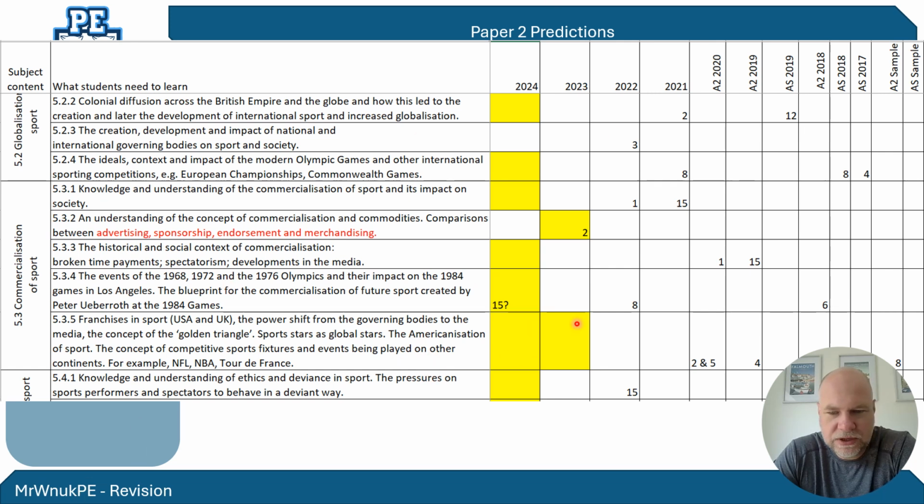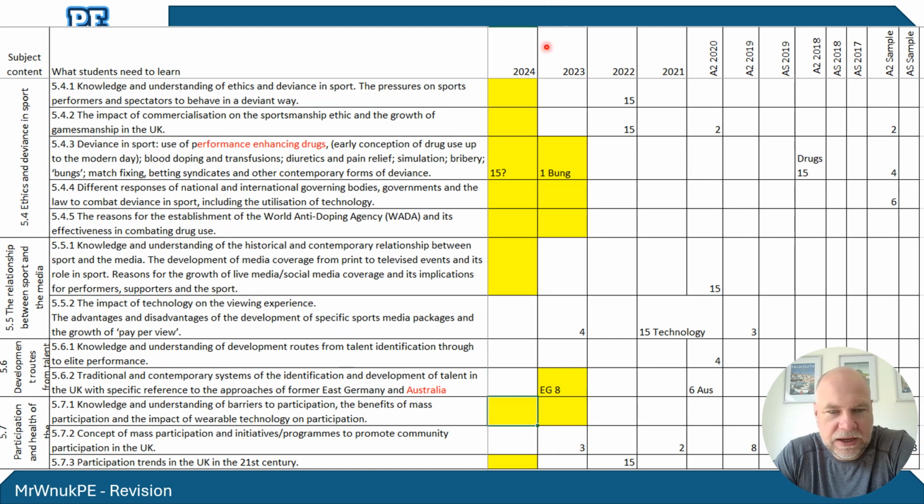And if I get a chance, I'll whack a video up on that. Ethics and deviance is always an area that might come up as well. I'd imagine it'd either be commercialism or ethics and deviance. If I was revising ethics and deviance, I would be looking at whether it is a historical thing, or whether it's a new thing.